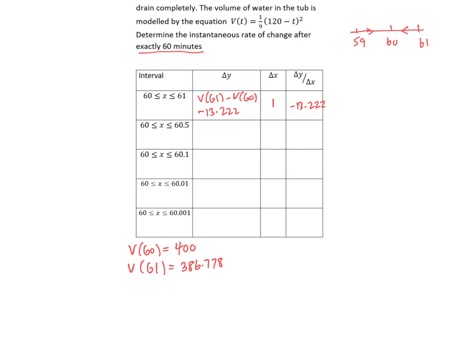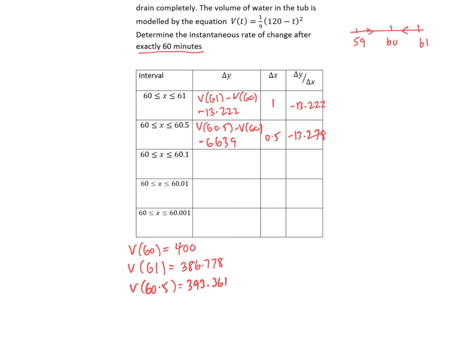Then I'm going to get a little bit closer, so I'm going to do the volume at 60.5. And then we'll do volume at 60.5 minus volume at 60, and subtract those two numbers. Delta x is 0.5, and that works out to be negative 13.278.